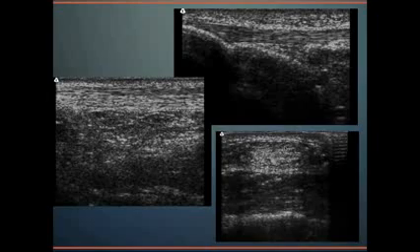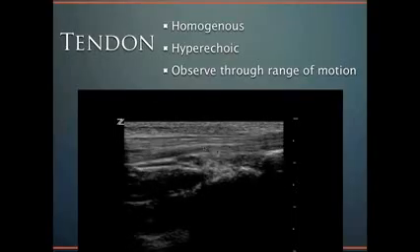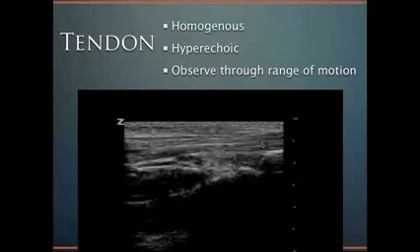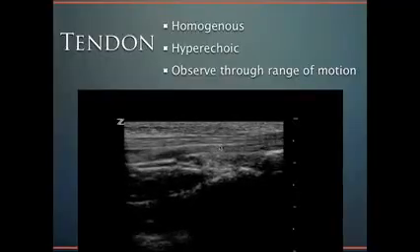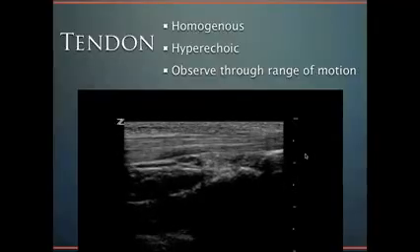We can see here in the short axis this tendon appears quite hyperechoic, and then we move it into the long axis, we can see those striations march across the screen again. Here's one in its range of motion. As the joint is ranged, we can see this tendon, very homogeneous, very hyperechoic as it's ranged along its tissue plane.